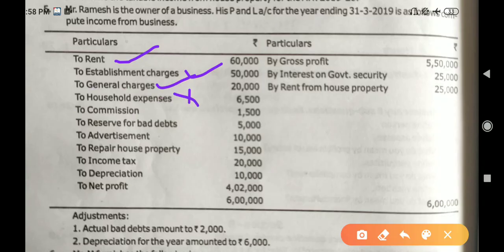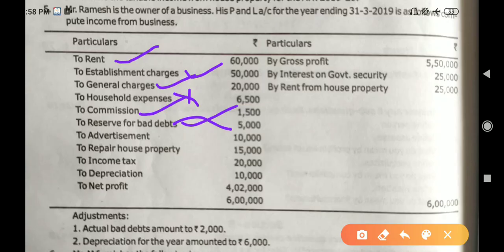And next, commission. Commission is admissible. Reserve for bad debts. Any reserve or any provision is treated as an inadmissible business expense. So this reserve for bad debts is inadmissible, and this item is to be added back to the net profit. Add it in add items.